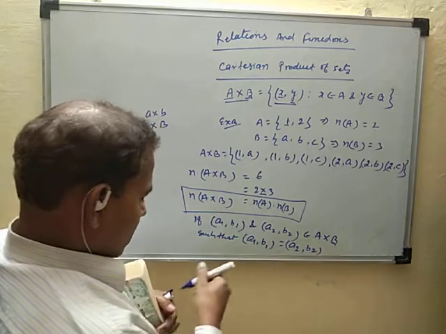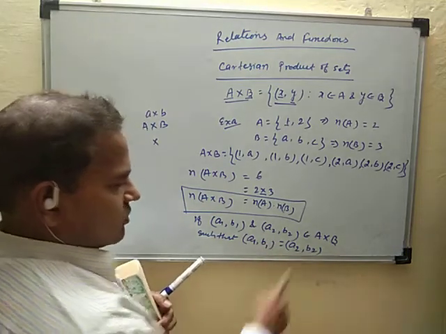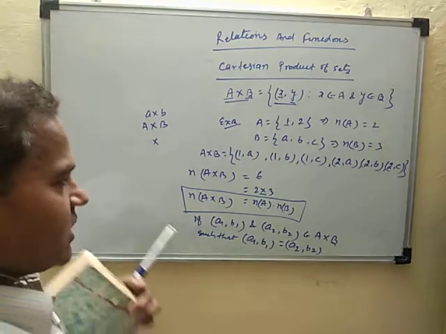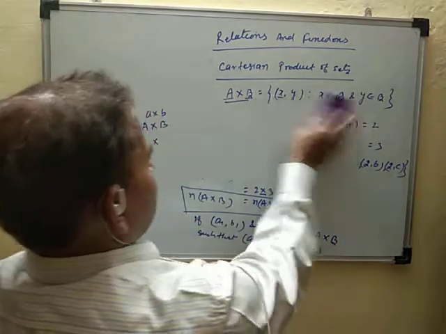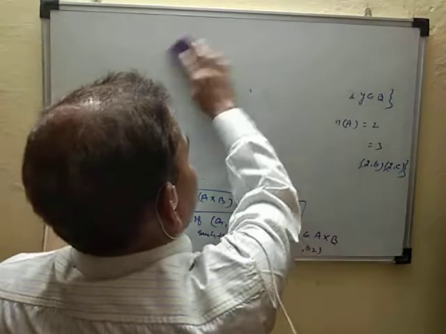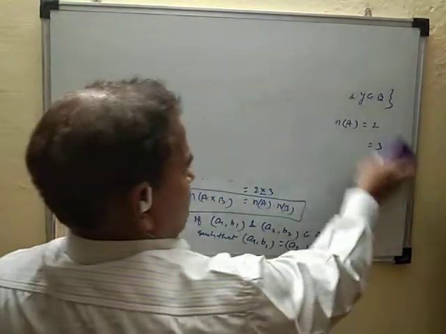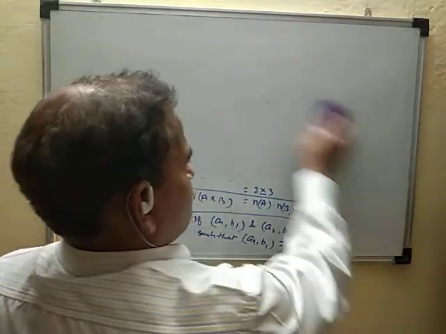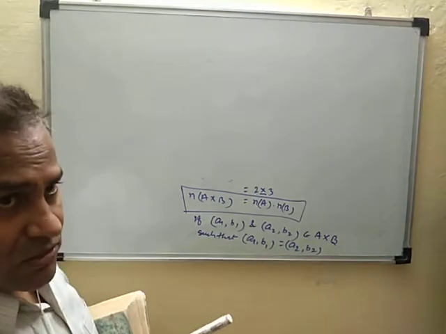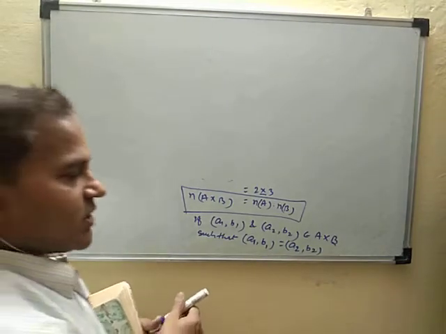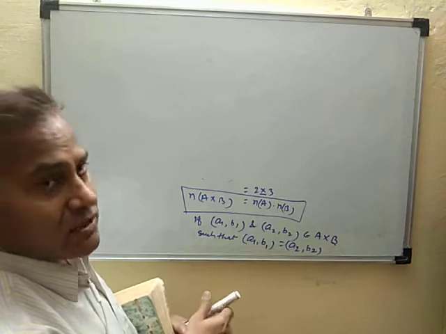That is, when two elements of the Cartesian product of two sets A and B are equal, then their corresponding entries are equal.